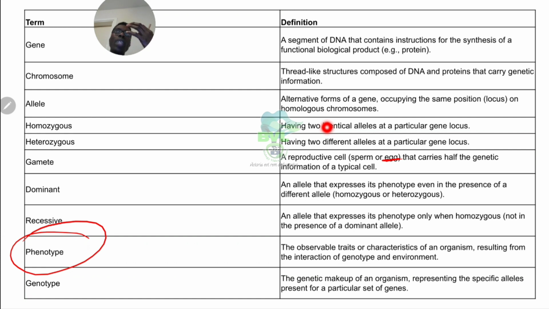It can be color, it can be behavior, it can be structure. Then genotype is basically the genetic makeup of an organism. So all the genes summed together in an organism represent its genome or genotype. Both of these words can be used interchangeably.